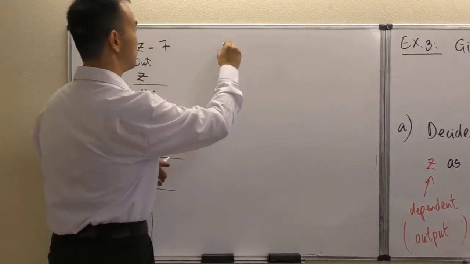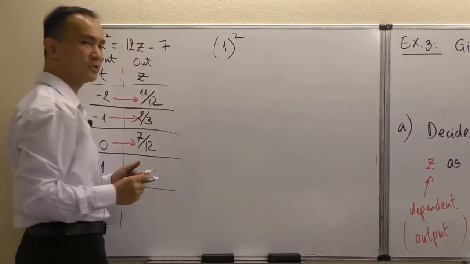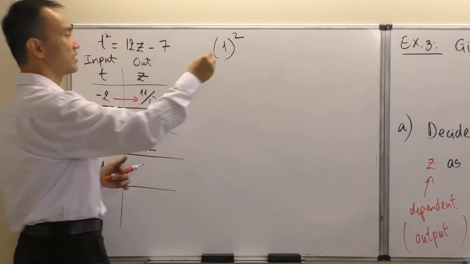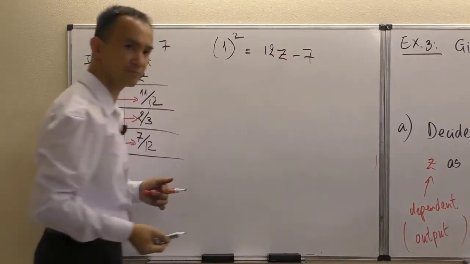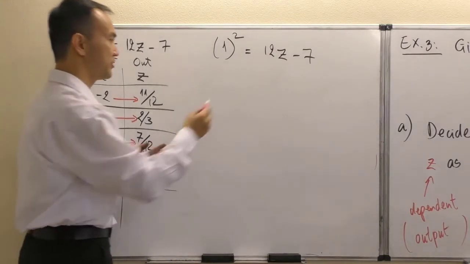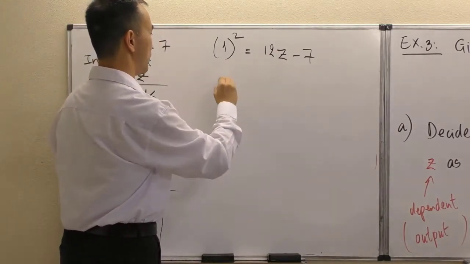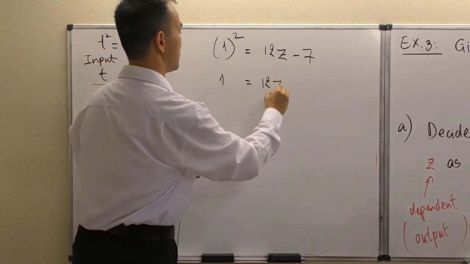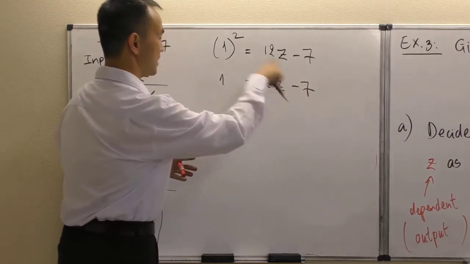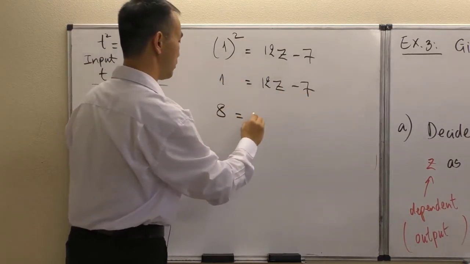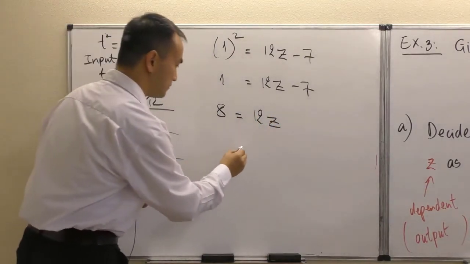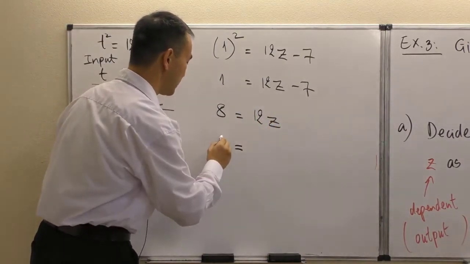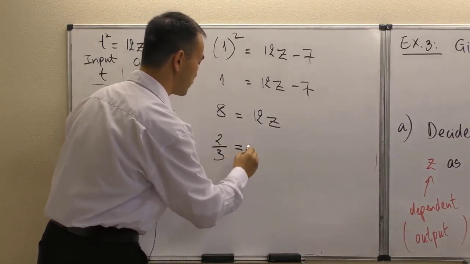All right, so 1 squared, the value for t, substituted into the equation, equals 12z minus 7. Okay, we check for that. Yes, that's 1 equals 12z minus 7. I'm going to add 7 to the other side. That's making it 8 equals 12z. And then I'm dividing both sides by 12, so I'm looking at 2/3 again equals z.